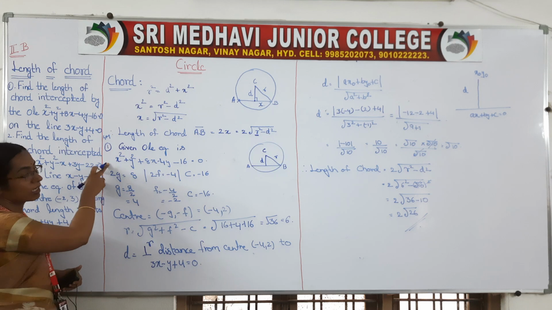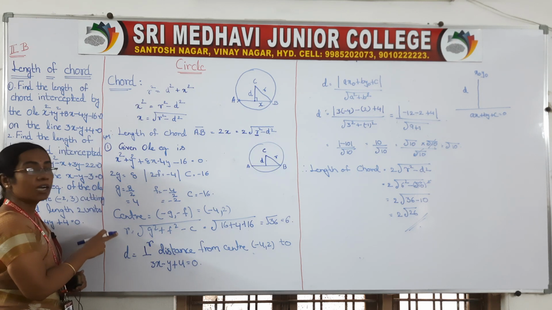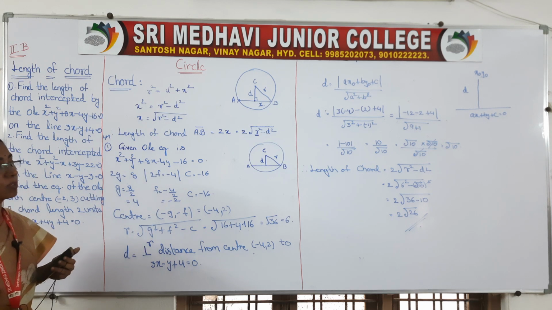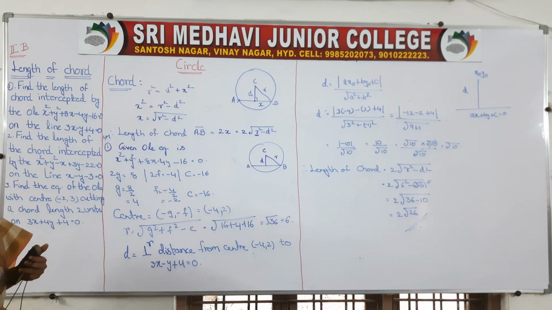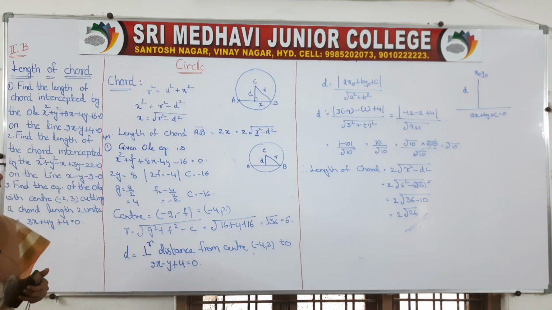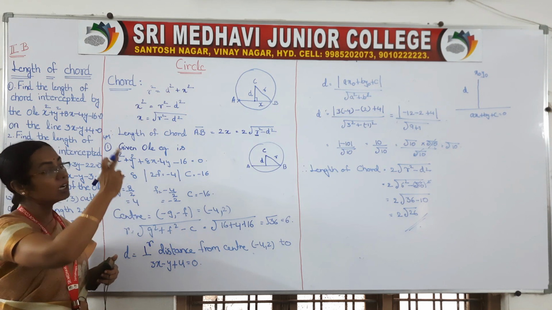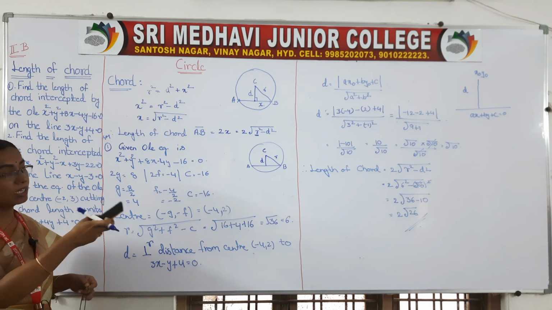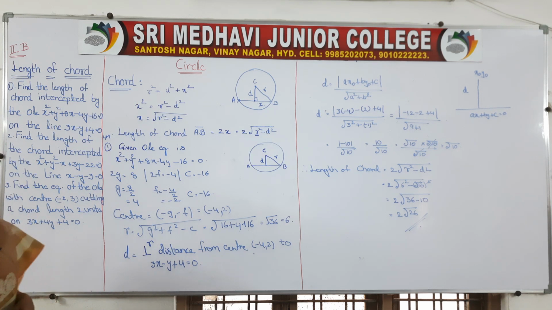From the circle equation you find out center and radius. Then you find out the perpendicular distance from center to that line. You will get your d. Then apply the formula: length of chord is equal to 2 into root of r square minus d square. Whenever it is length of the chord, you have to apply this formula. So we got the answer as 2 root of 26.